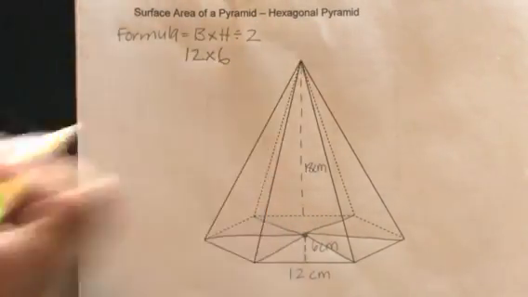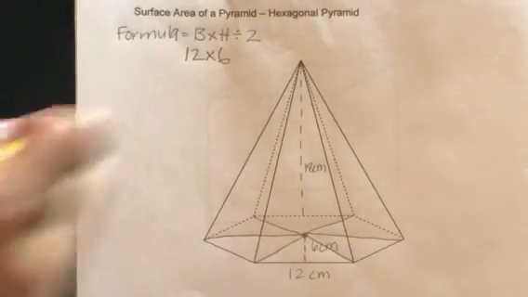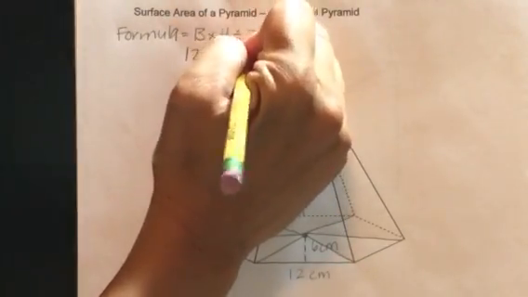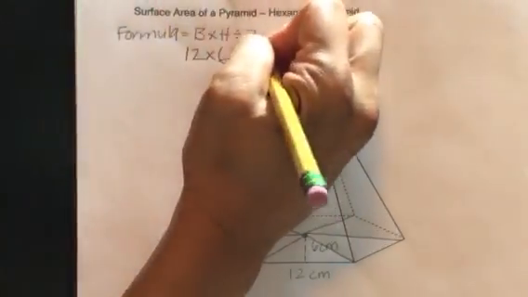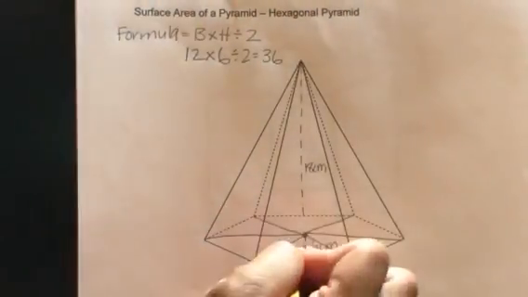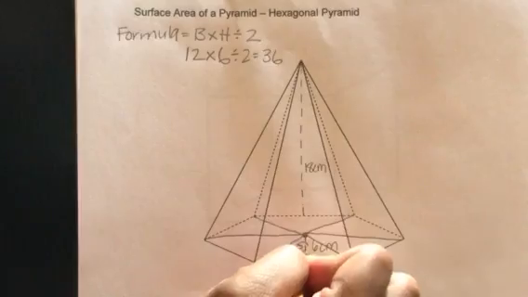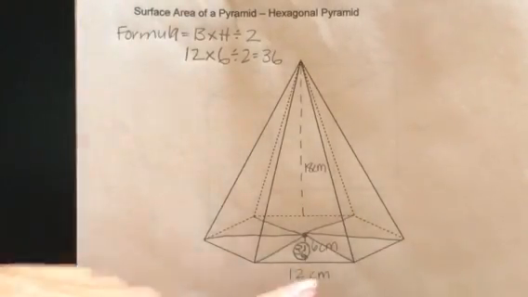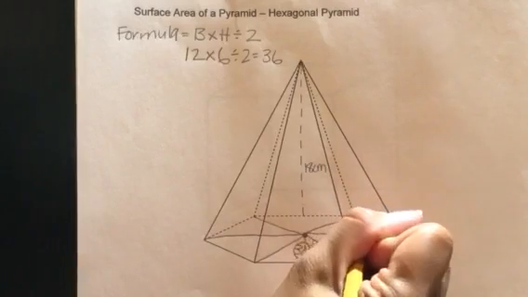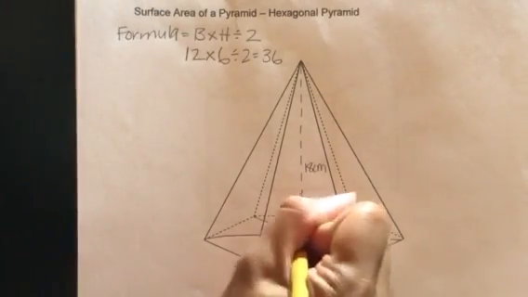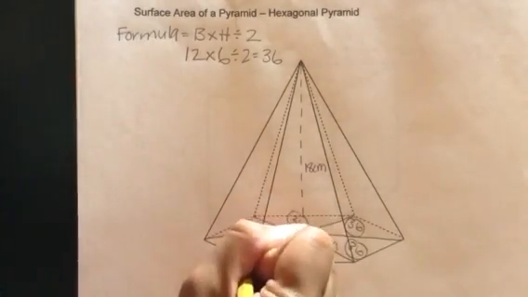So I'm going to do 12 times 6, and then divide that by 2, and you get 36. So I now know that this triangle is going to be 36, and since all of these are identical, all of these are going to be 36 all the way around.